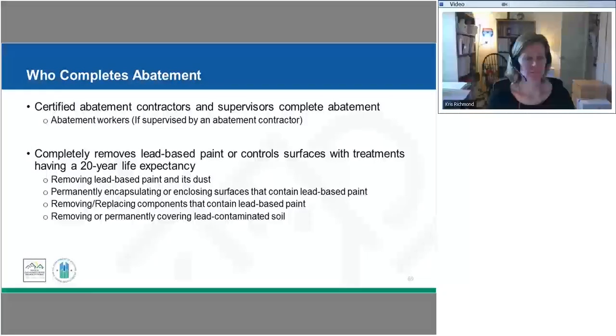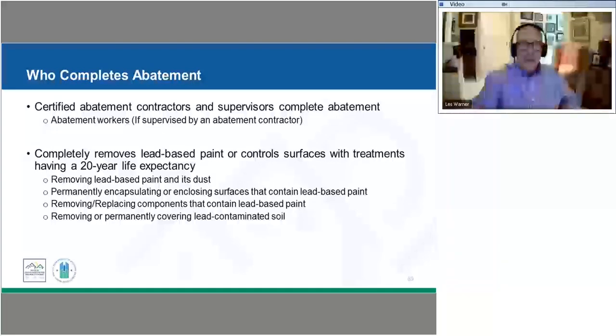And so that allowed them to be exempted from these requirements. So obviously, if you can get to the lead-free status, that would simplify your ongoing responsibilities. But certainly, being able to do abatement where you have a 20-year life expectancy on those treatments should also better control those potential exposures as time goes on.